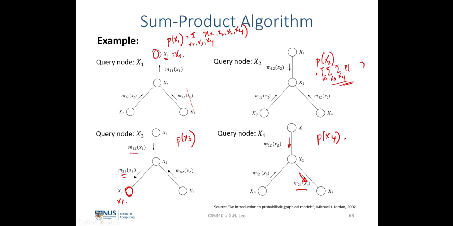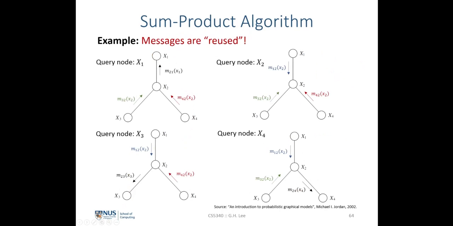And what's interesting here is that in this example of the same graph, where we want to compute the marginal probability of the respective random variables x1, x2, x3, and x4 in the graphical model, we saw that in the naive way we have to compute all the messages or the elimination steps individually or separately over here. But we can see that some of the messages are repeated over different queries or over different query nodes.